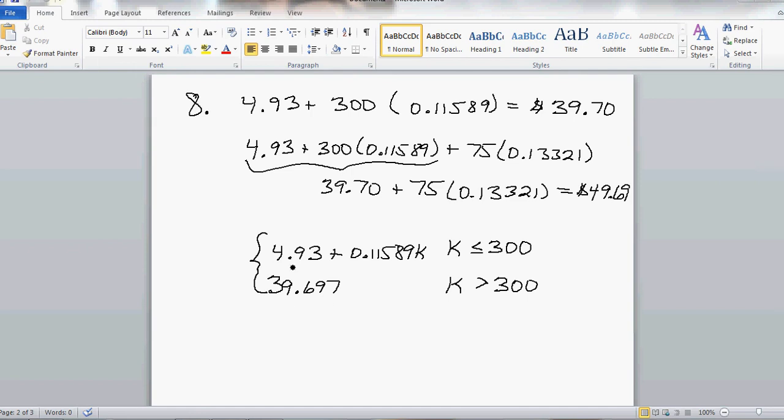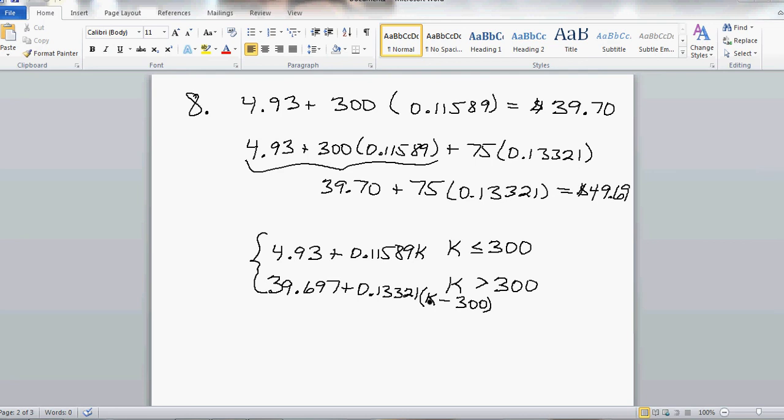And realize this number right here represents the $4.93, and it represents 300 kilowatt hours at this price right here. But then we're going to have to do 0.13321 times what? Well, it's going to be the number of kilowatt hours we had minus 300, because we've already paid for 300 in this location right here.